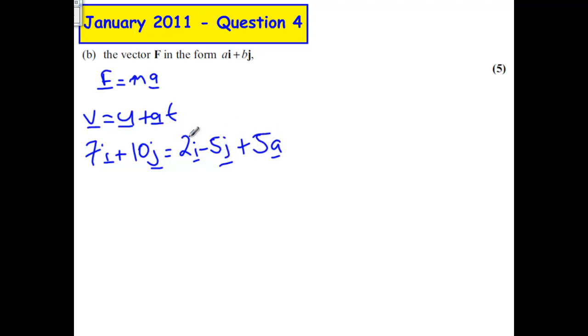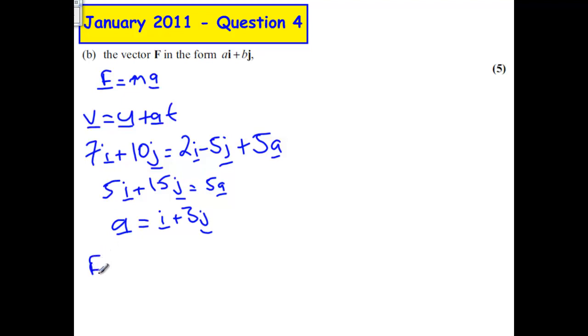Now if I was to put these two terms on the left hand side and rearrange, I would get that 5i plus 15j is equal to 5 times the acceleration. So dividing both sides by 5 tells me that the acceleration vector is i plus 3j.